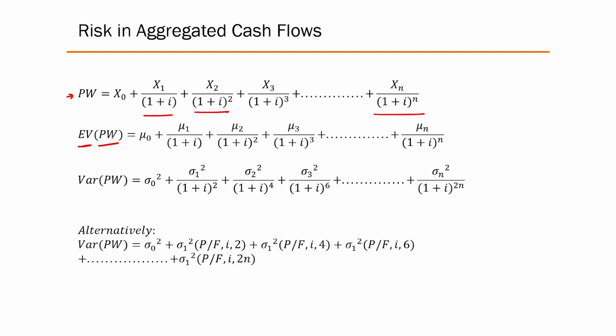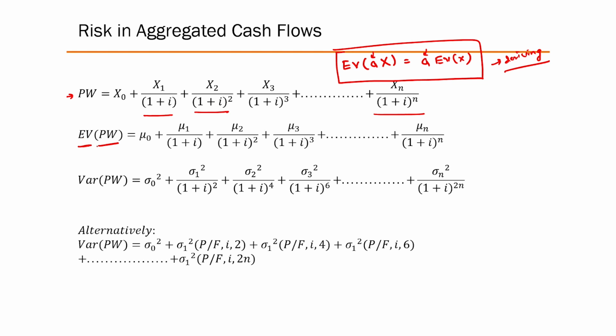Expected value of present worth. Essentially, expected value, I'll give you a formula here. I think all of you know this. This relationship holds: the expected value of A, a constant, multiplied by the variable X, which is the random variable, is equal to A coming out of the bracket multiplied by the expected value of X, right?